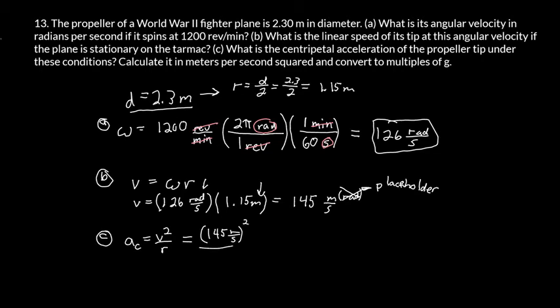And we want to divide by a radius of 1.15 meters. And when we multiply all this out, we get a final answer of 1.82 times 10 to the fourth meters per second squared.